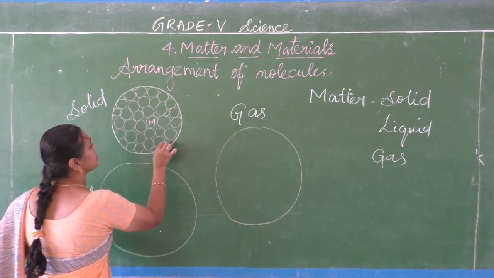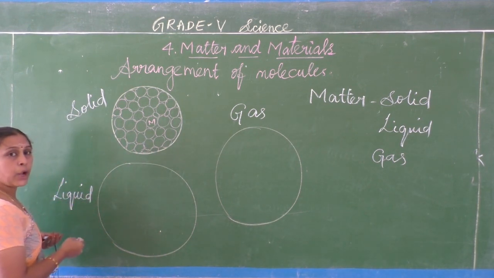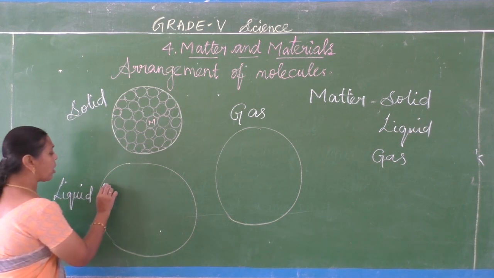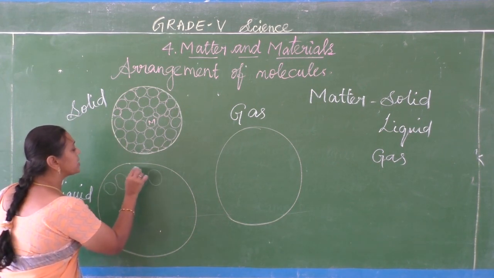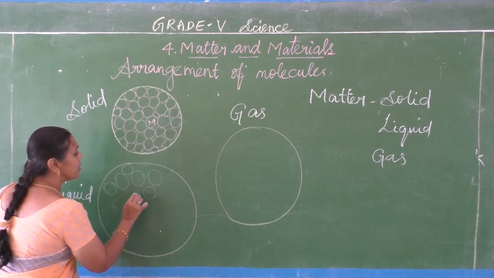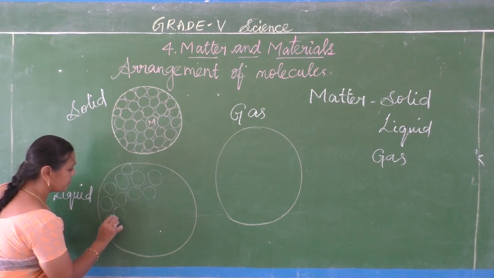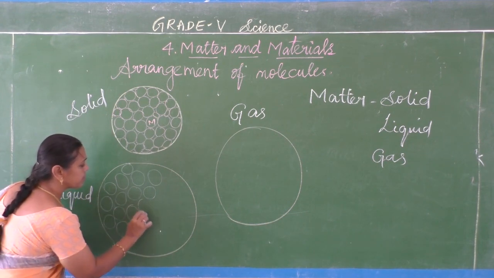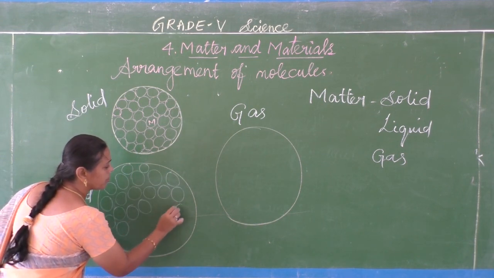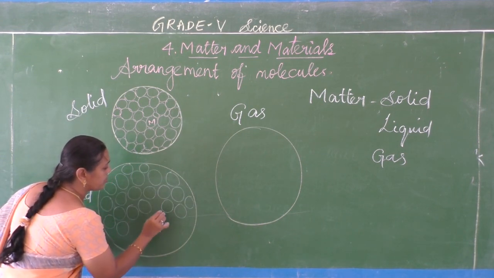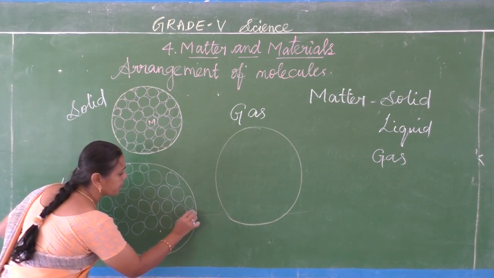Like this. But in the case of liquid, the molecules are loosely packed. That means you could see some space in between the molecules. They are loosely packed. Like this. Are you able to see clearly? Okay.